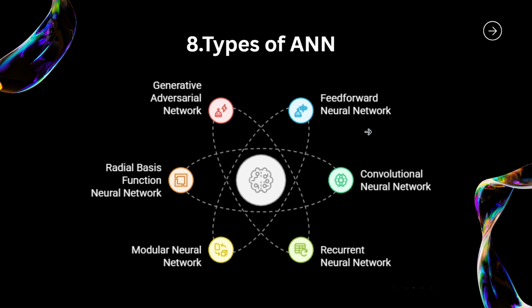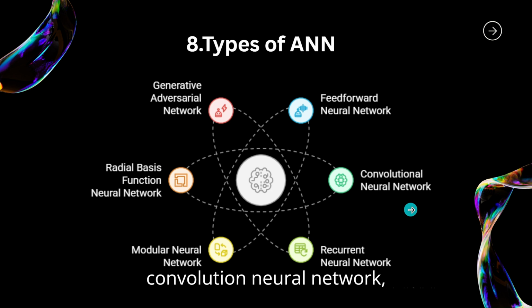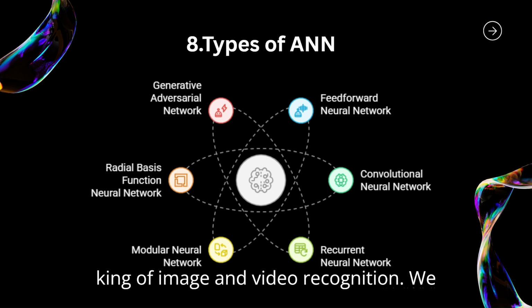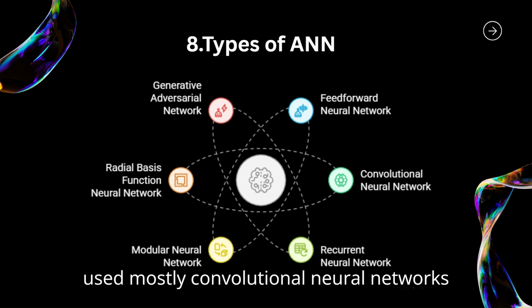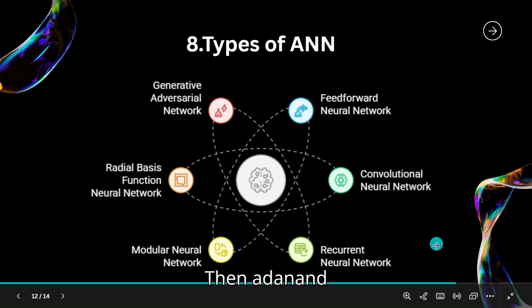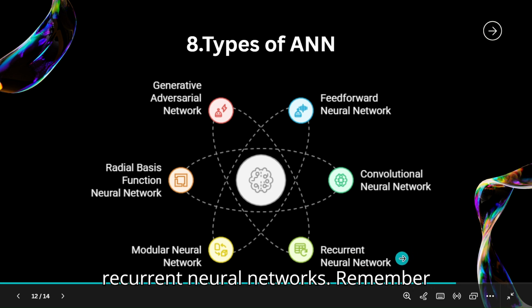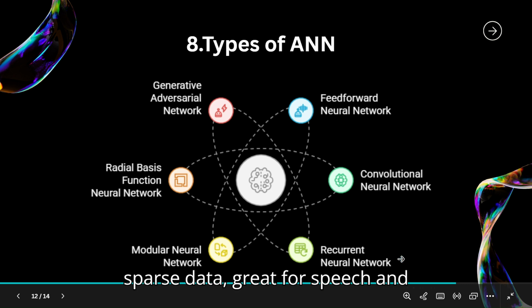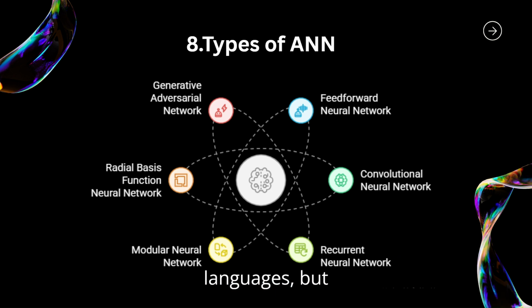And then convolution neural network, king of image and video recognition. We use mostly convolution neural networks in image recognition. Then RNN, recurrent neural networks, remember sequential data, great for speech and languages.